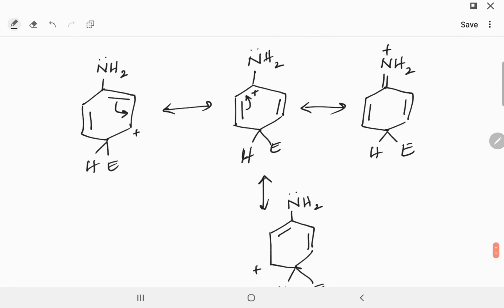Rather than using the lone pair to get this resonance structure, I moved the double bond towards the positive charge and then shifted the positive charge 2 carbons down. So all these 4 are possibilities for resonance structures. See if you could get them by yourself.